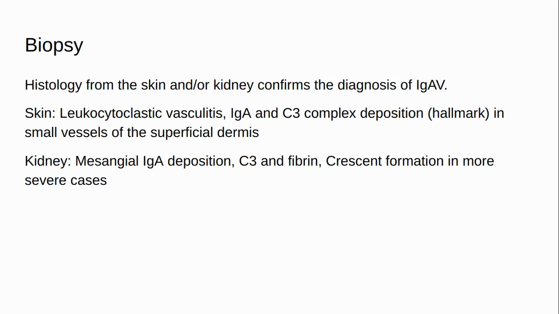Kidney histology in IgAV varies considerably. In some cases, most glomeruli appear unaffected on light microscopy, and only a few show mesangial proliferation.